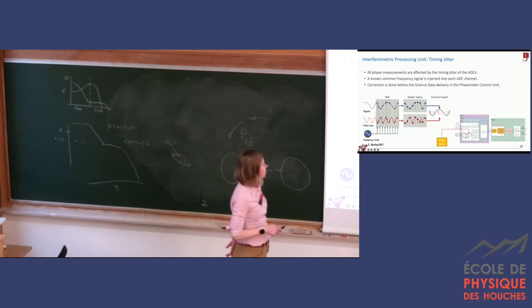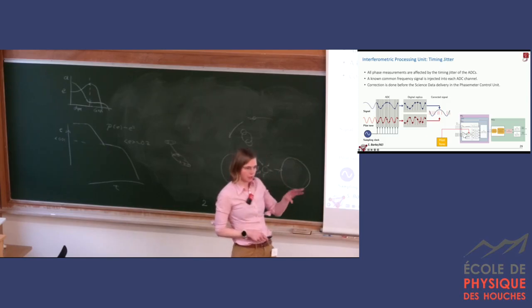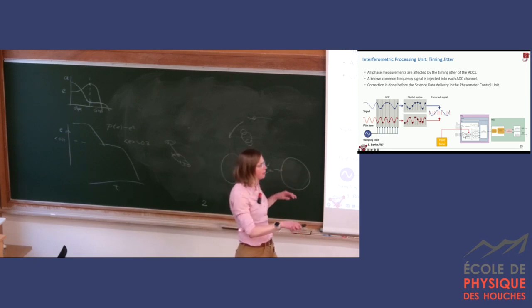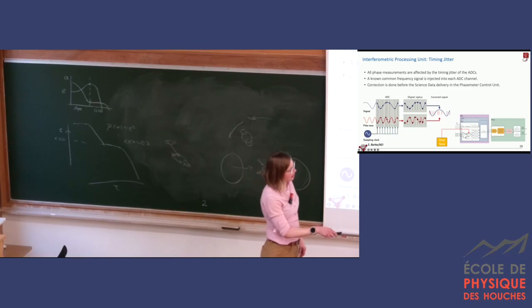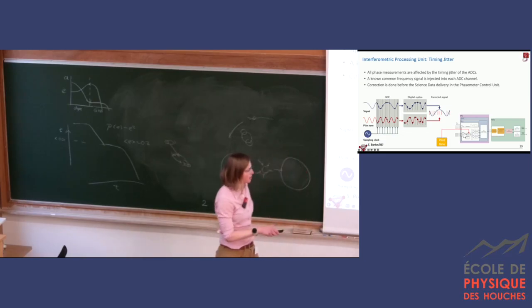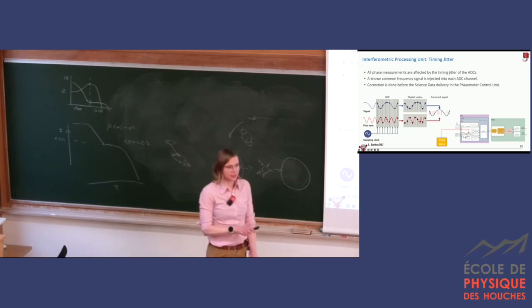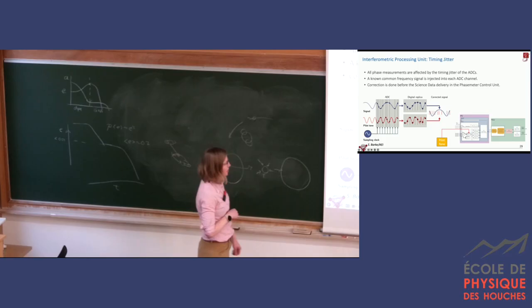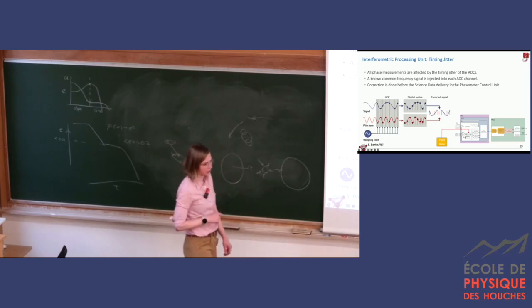So to play a trick and correct this error, we take our known common frequency and distribute it to every backend electronics, so every ADC that is measuring. And in post-processing, in the second unit that I'm going to be talking about in a second, we correct it, and then we get the signal that we wanted to measure.